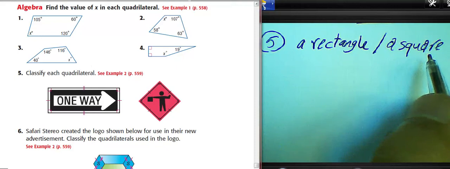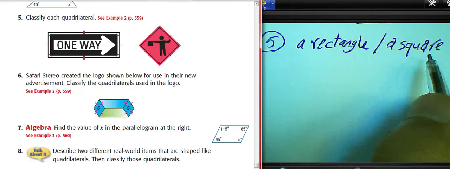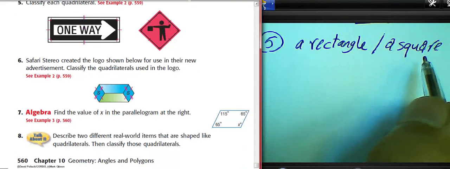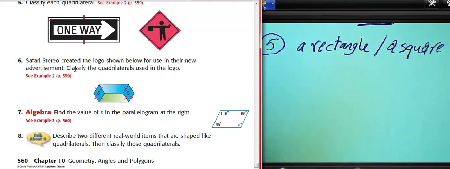Question number 6. Look at question number 6 with me. Safari Stereo created the logo showing blue for use in their new advertisement. Classify the quadrilateral used in the logo. Look here. What about this figure? We have two pieces.